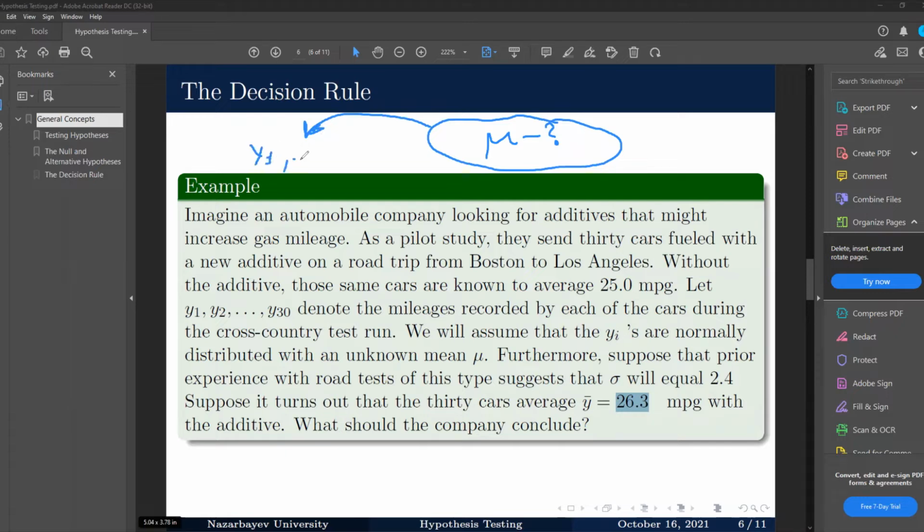Those are the yi's. n is equal to 30. Our sample mean was equal to 26.3. And our question here is: is that enough evidence to show that the gas mileage of cars with the fuel additive is greater than 25 miles per gallon?